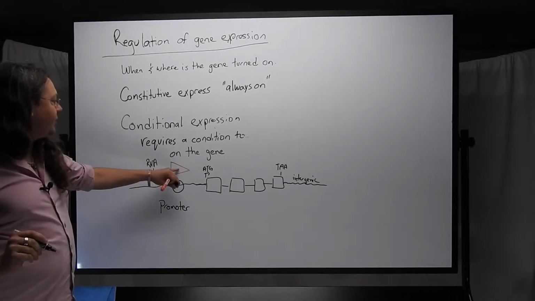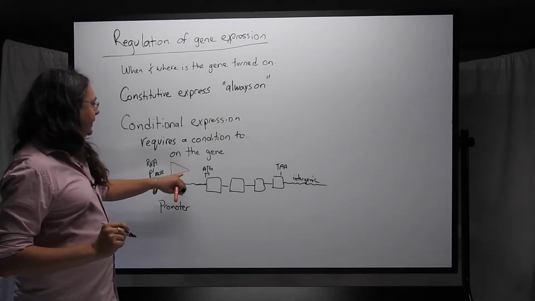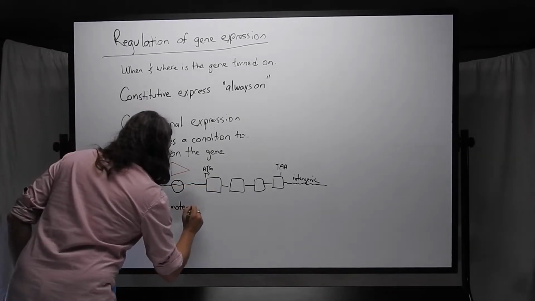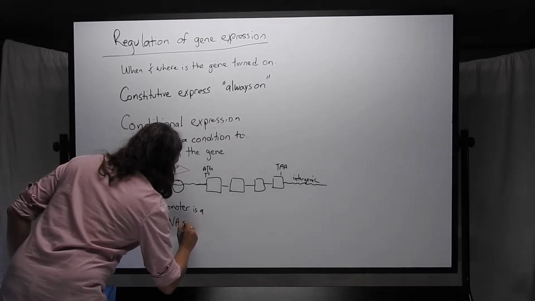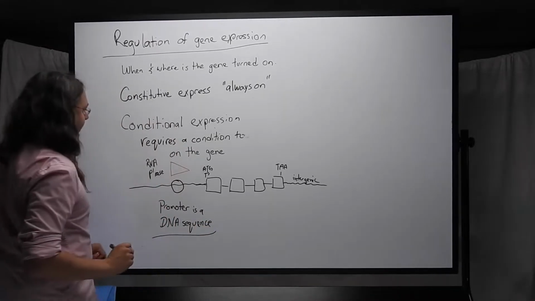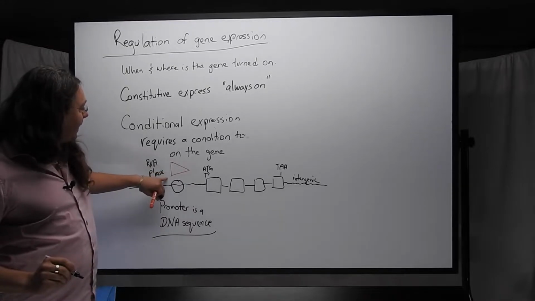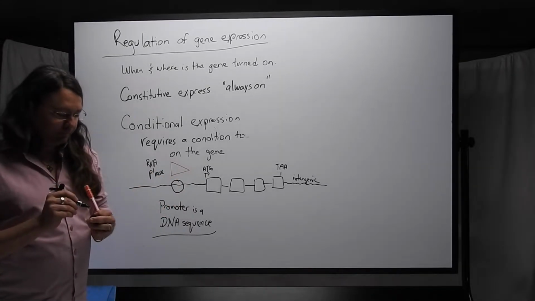The RNA polymerase binds to the DNA sequence here, and then it starts transcription. So the promoter is a DNA sequence, and proteins such as the polymerase bind to the promoter and then can start transcription.